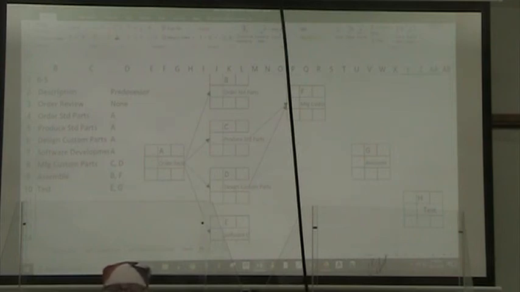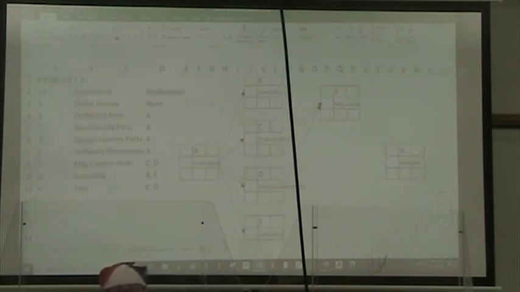All right, so C and D go into F. For G, B and F go into it.